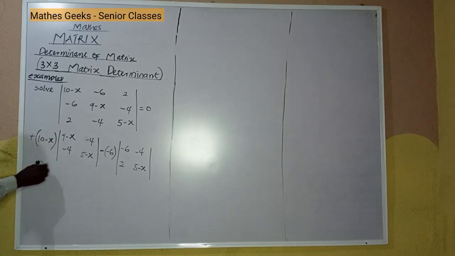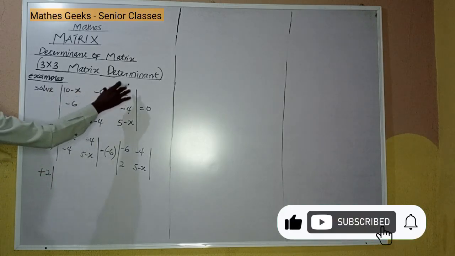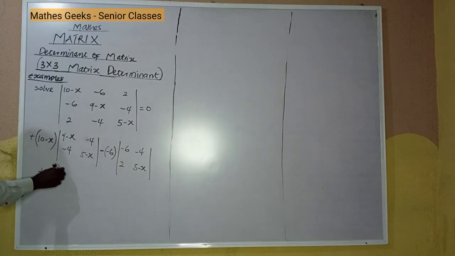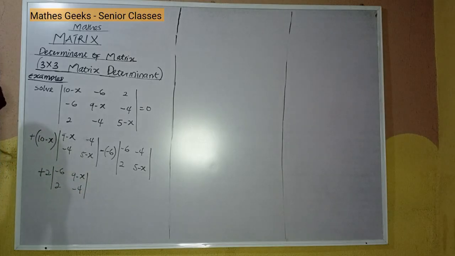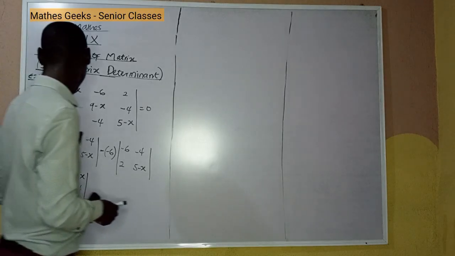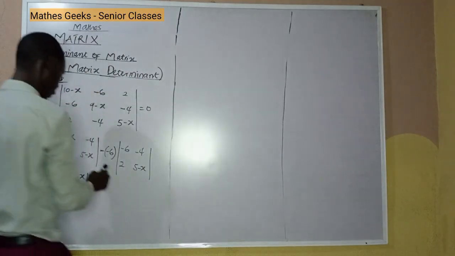Plus 2, first row, third column, minus 6, 2, 9 minus x, minus 4, plus 10, is equal to 0.